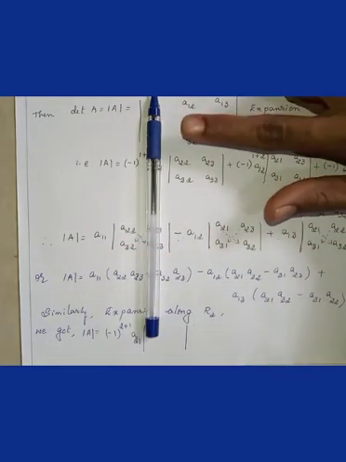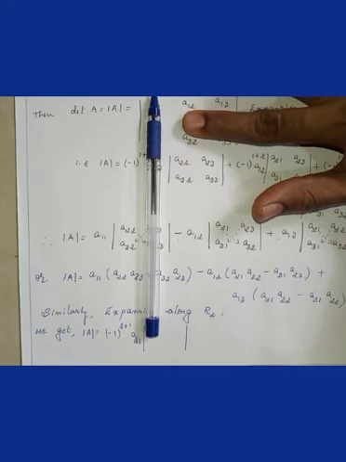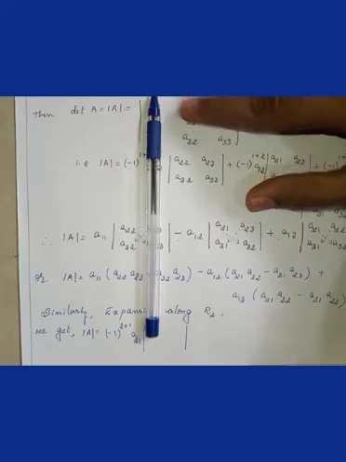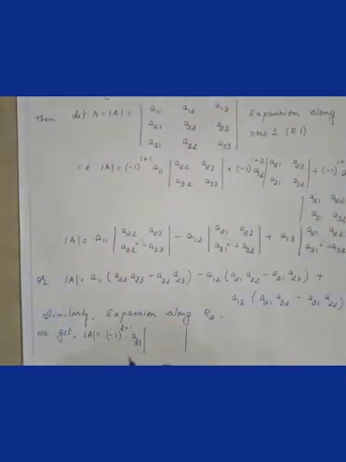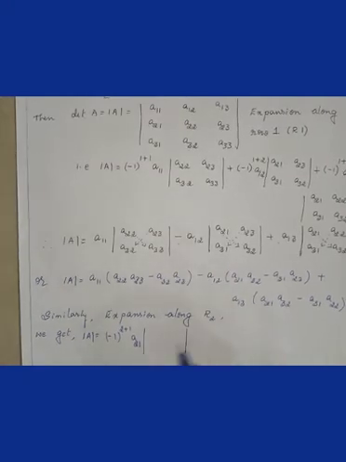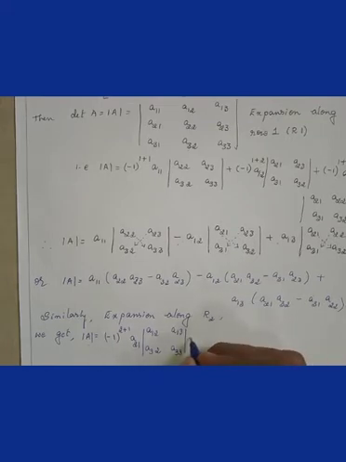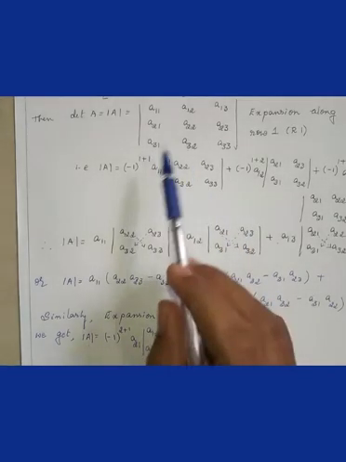If you delete the second row, the entries are A12, A13, A32 and A33, right? So the determinant is A12, A13, A32, A33. Okay, next plus minus 1 to the power, the next entry is A22, right?